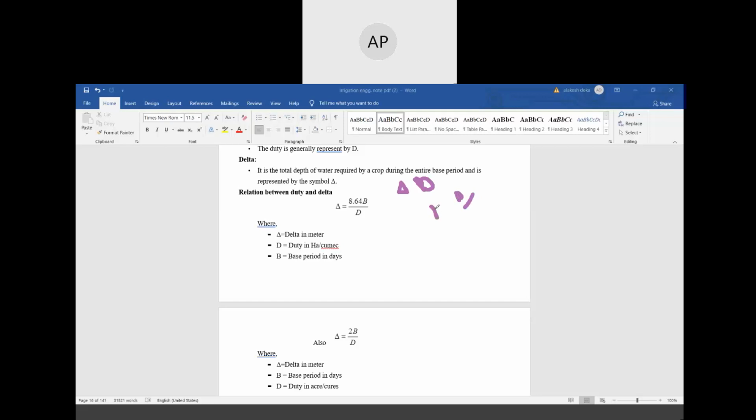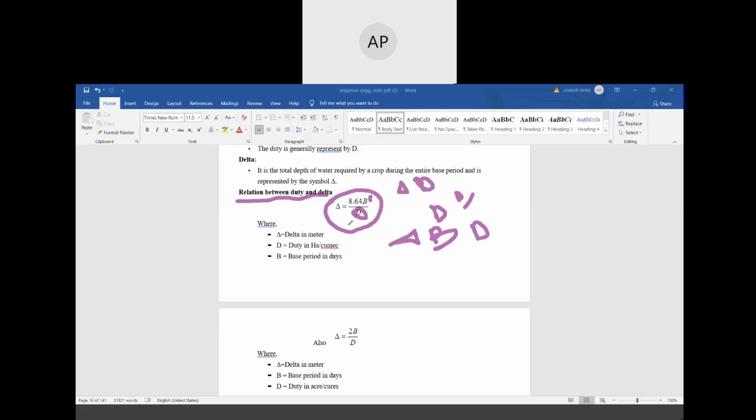Delta is equal to 8.64 B divided by D. That means delta equal to 8.64 into base period, B is the base period, divided by duty.